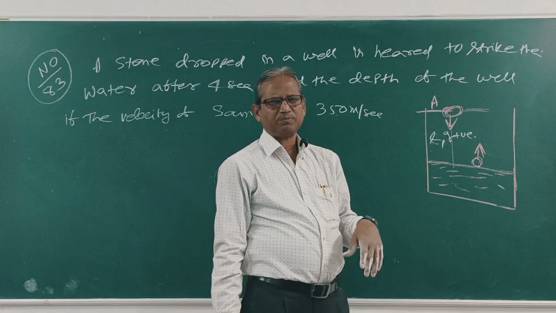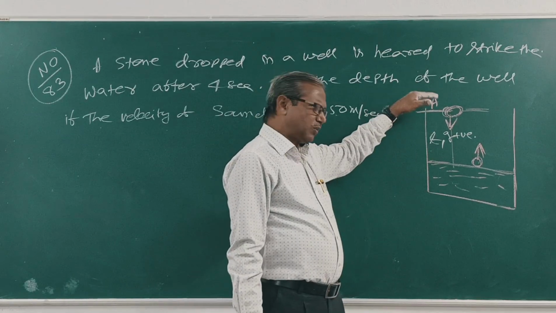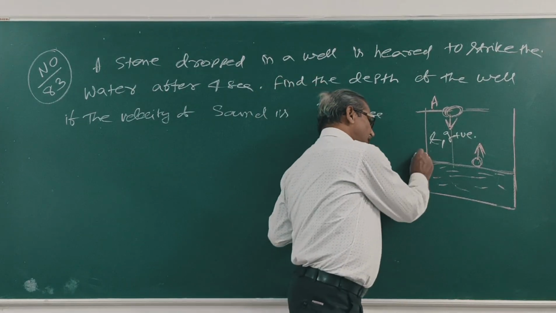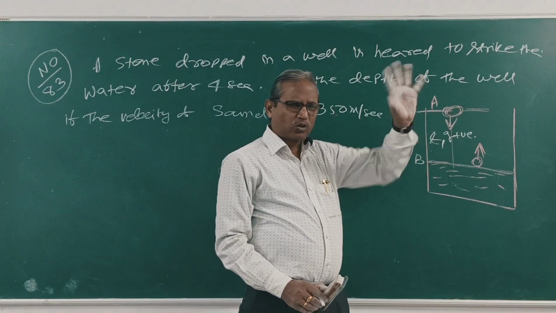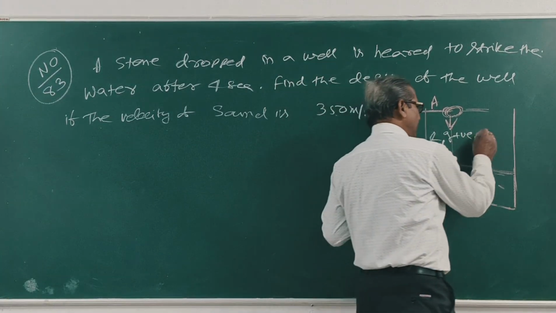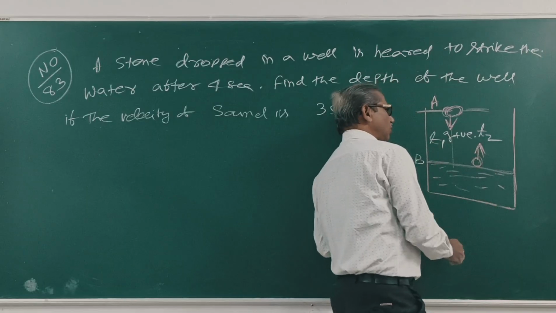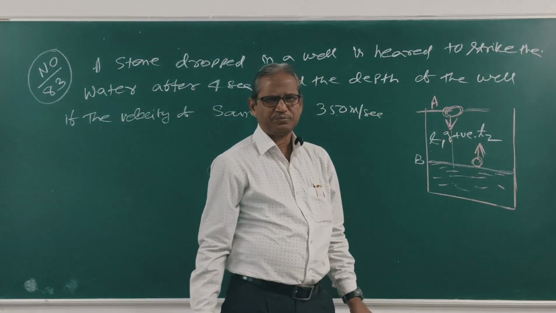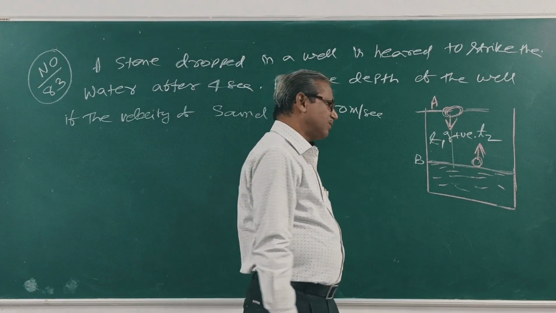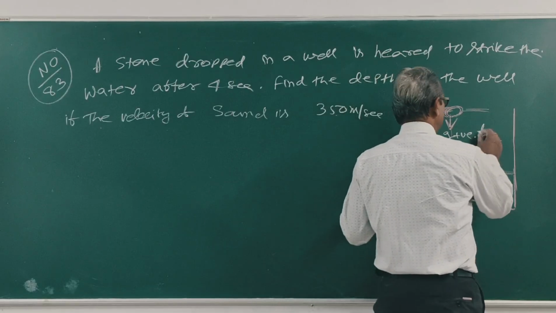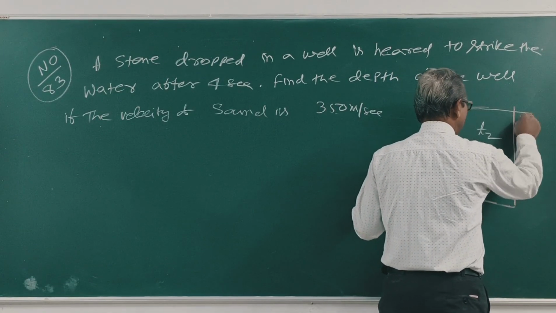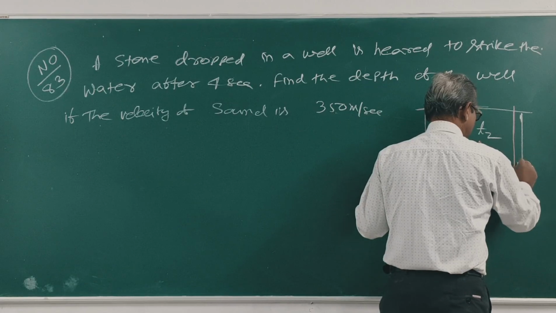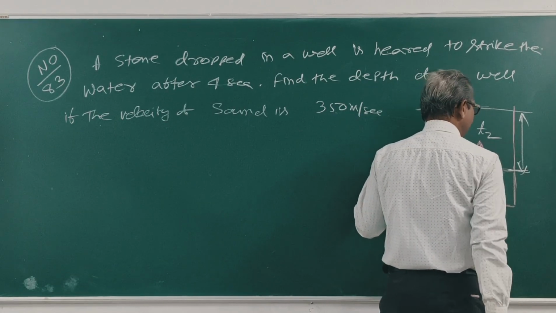That means the stone falls from A to B, and the sound reaches from B to A. So total time, this is T1, this is T2, is equal to 4 seconds. Clear? Suppose this height is H.